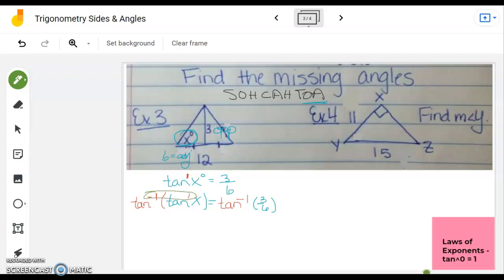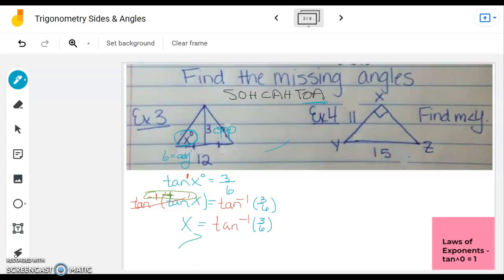Power times a power means I add them. And now I get tangent to the 0th power. That cancels them out. Okay, that's how I get my x by itself. And I'm taking the inverse tangent of 3/6. Now we need our calculator.